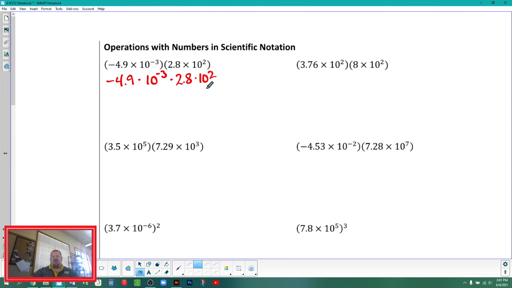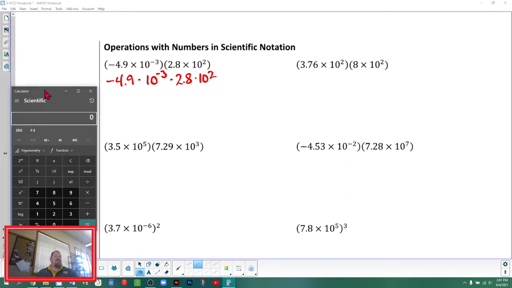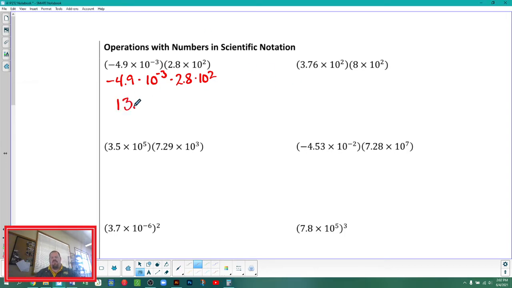Multiply your numbers and numbers. 4.9 times 2.8, I know it's negative, so I get 13.72. And then I have a product of exponents here. I have 10 to the negative third times 10 to the second. And that would give me negative 3 plus 2, 10 to the negative first power.